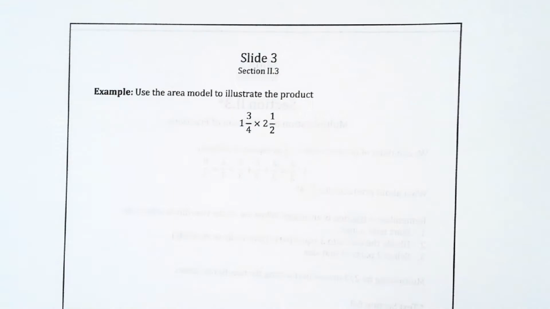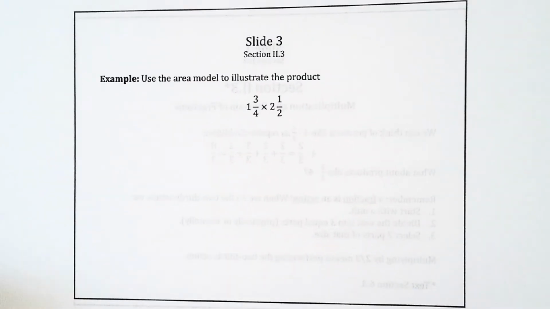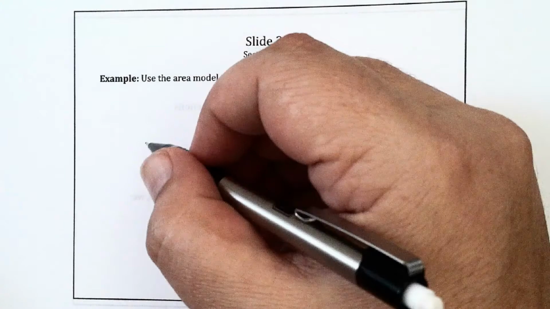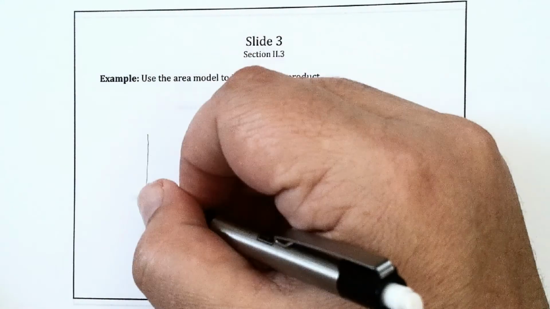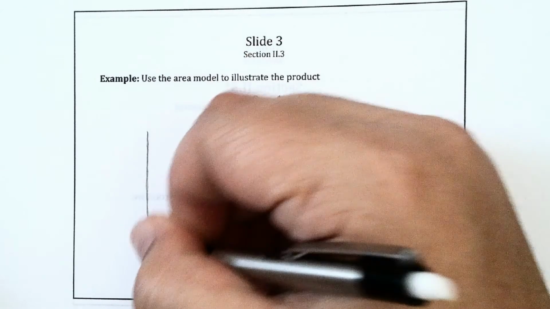Okay, let's do one more of these. Let's use the area model to illustrate the product 1 3/4 times 2 1/2. So we're going to do the same kind of thing. I just need to draw a larger area.